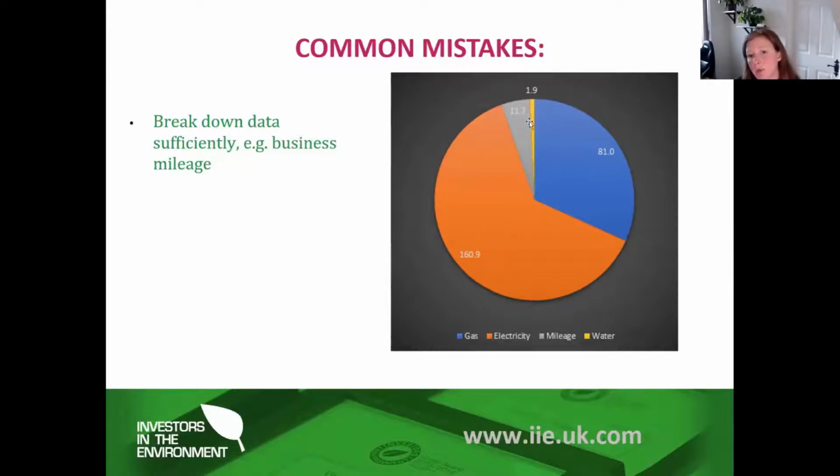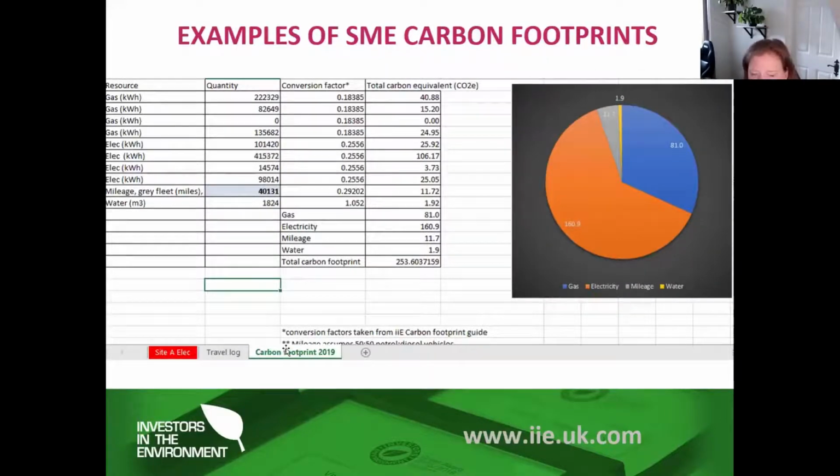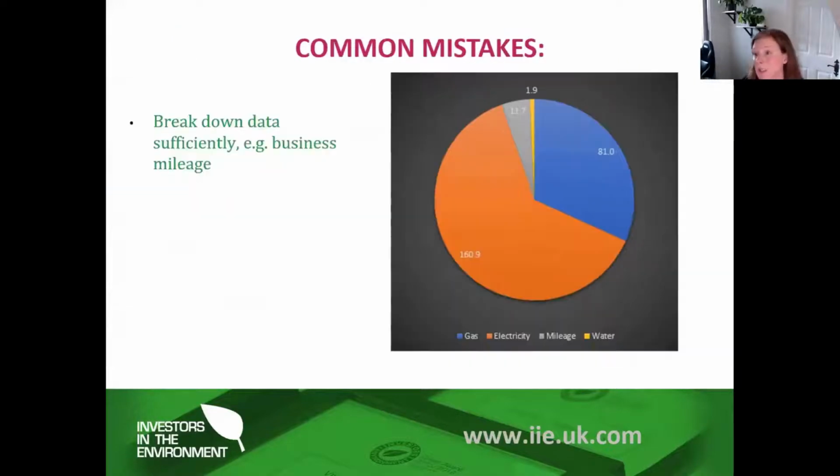In the example here, the grey section is the mileage, but what they did was lump all the mileage together so that we couldn't really put a nice accurate conversion figure on it. If you look here, you can just about see a little note that says mileage assumes 50-50 petrol and diesel vehicles, because we didn't have that information at the time, so we had to do a bit of guesstimation.